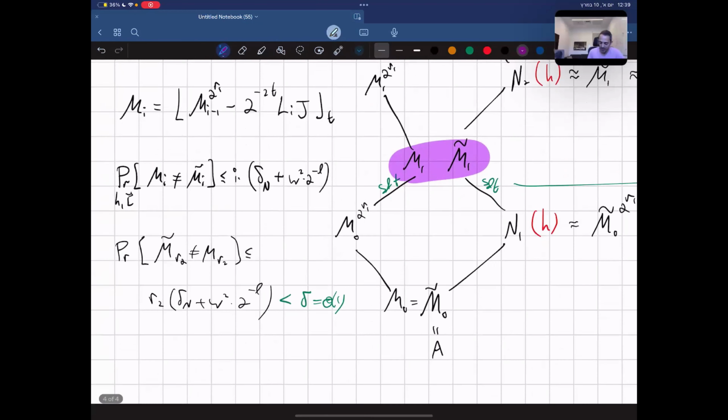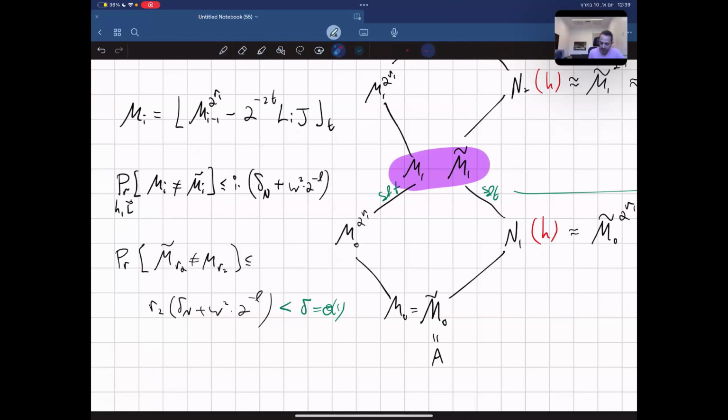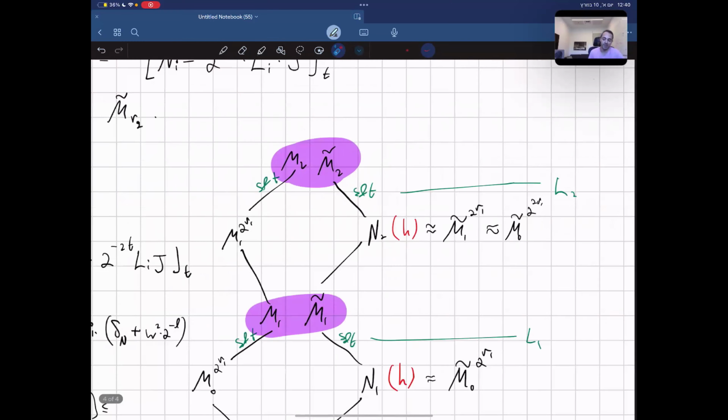And the second thing, a little more important, is that we need this to be smaller than 1 as well. So L must be at least like log W, or 2 log W plus log R2. R2 is log n, so because of this constraint we need to take L to be at least 2 log W plus log n.